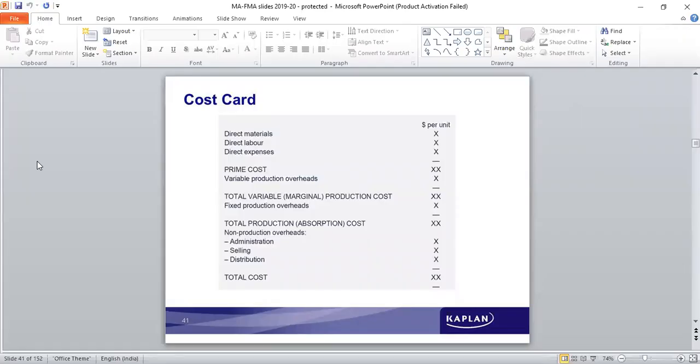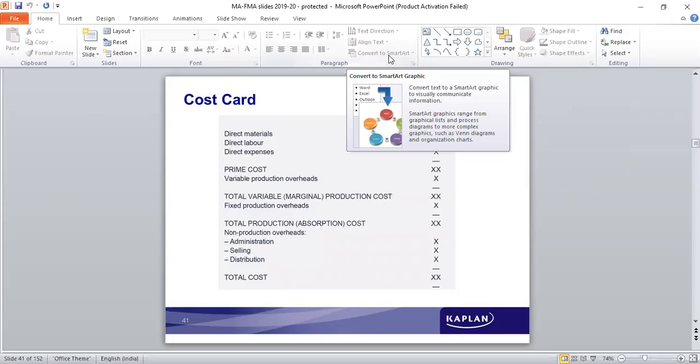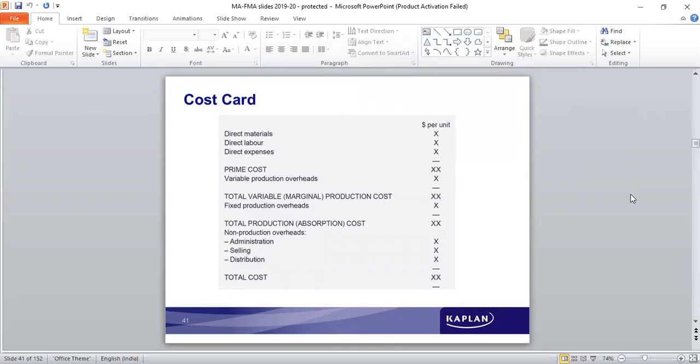The list is a big list. Many items are incurred under the production overheads category. So what has to be done? Individually, each one of them has to be divided and distributed because it's not identified. It is incurred as a common cost.